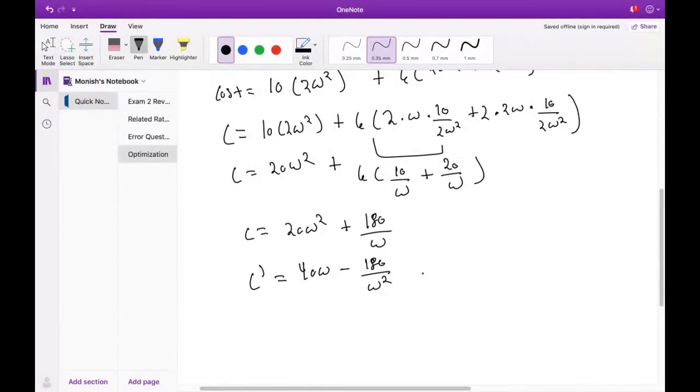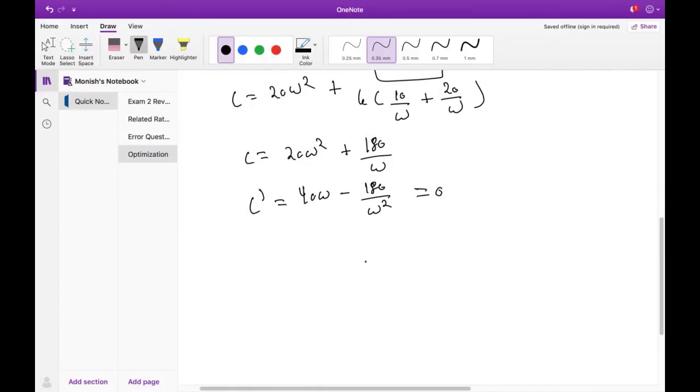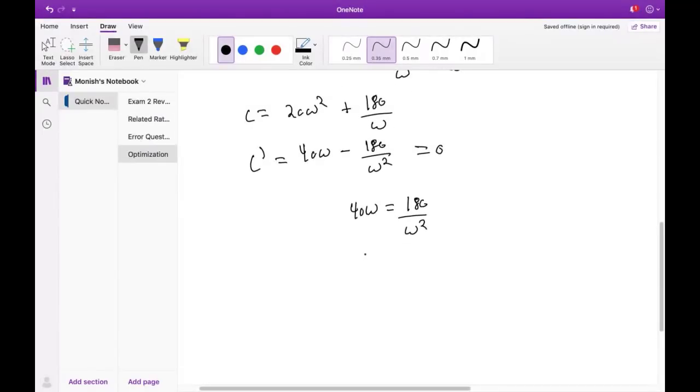That's our derivative. And we have to set this equal to 0. Get our critical point. So if we rearrange this, we'll get 40W equals 180 over W squared, or 40W cubed equals 180.